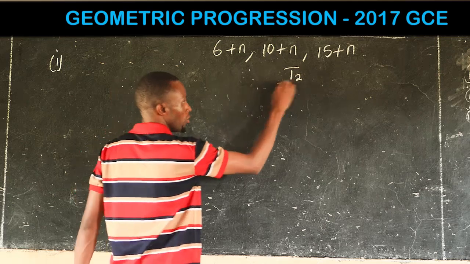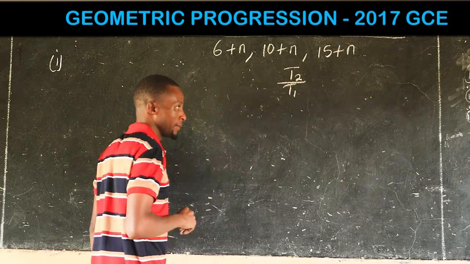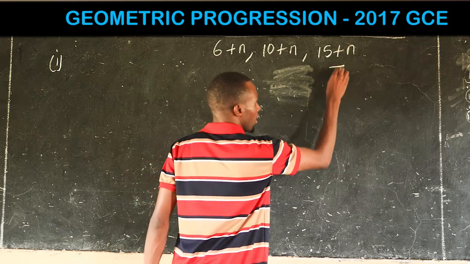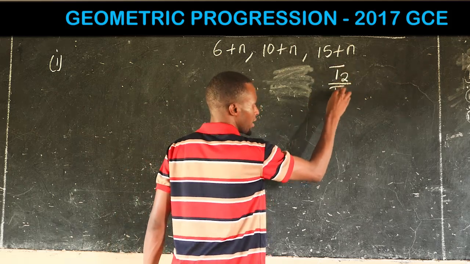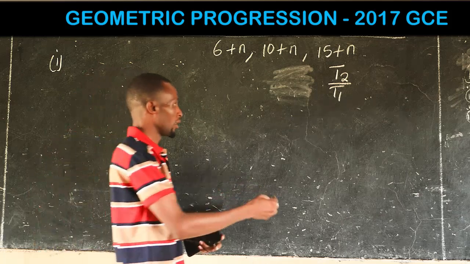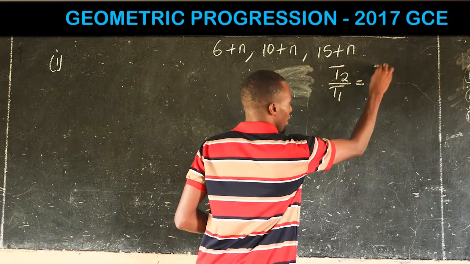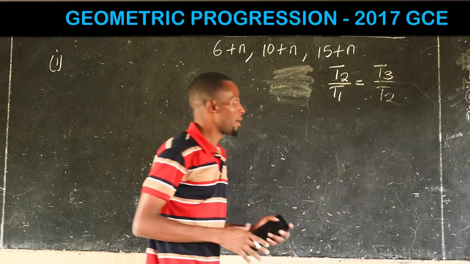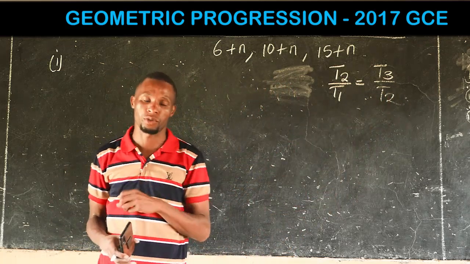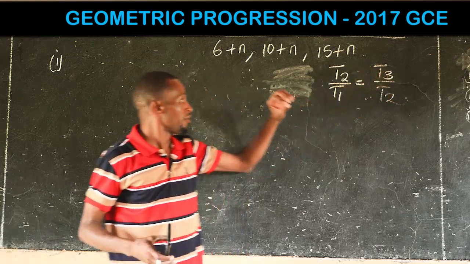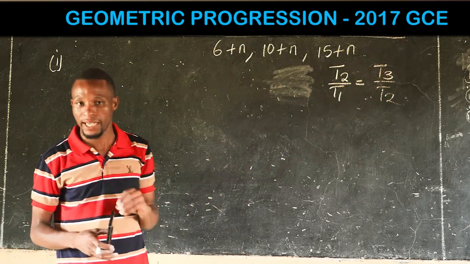T2 divided by T1 gives me the common ratio, which is the same as dividing T3 by T2. So this is the expression we are going to use to find the value of n.